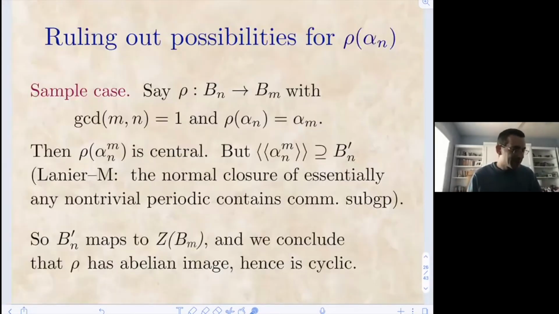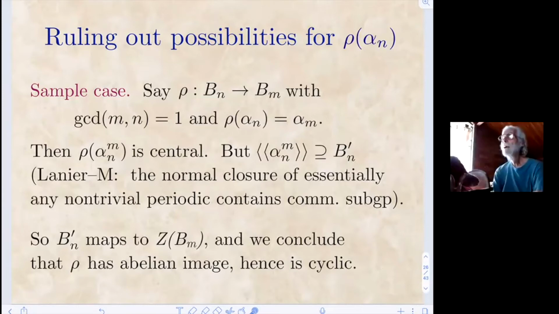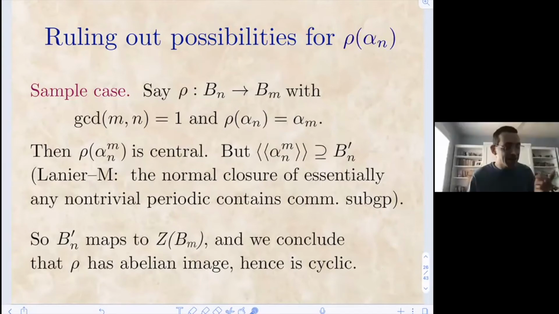And this is maybe a lot of words on one slide, but this is the summary of the proof. Okay. So suppose you have a homomorphism from Bn to Bm, and suppose the GCD is 1. We're showing here, let's say you're mapping B5 to B6, you want to show that all homomorphisms are standard.